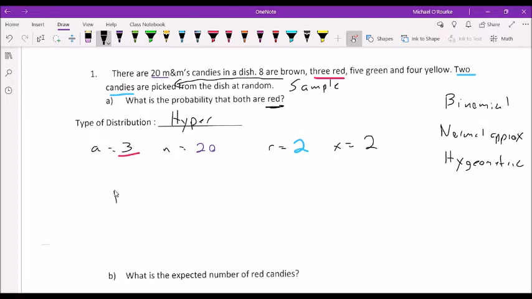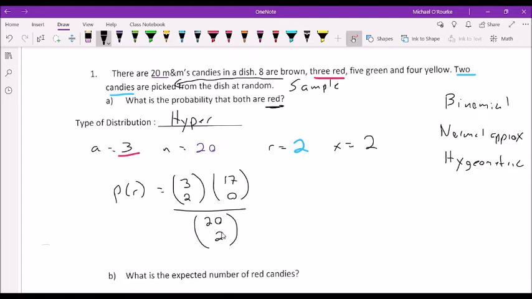Now you can say P of red. So A over X, which is 3 choose 2. Now you don't have to write it like that. You could write 3 choose 2 if you really want to. I'm not going to mark you wrong there. Then I have N minus A, so that's 17, and R minus A, which is 0, over my total options, which is 20 over 2.